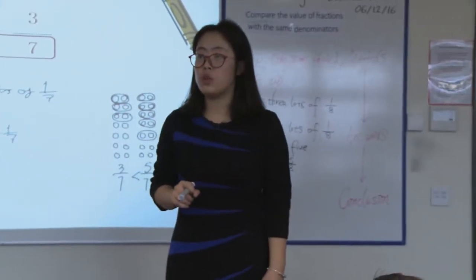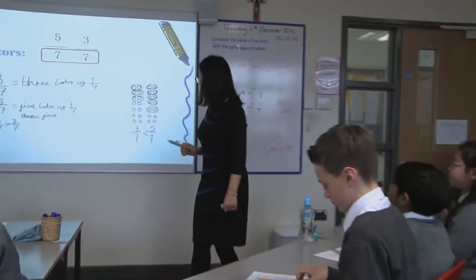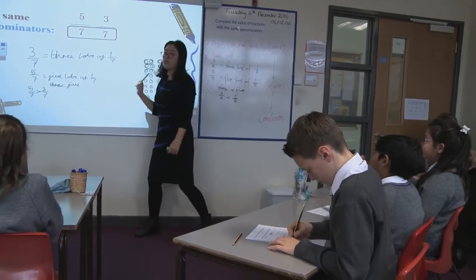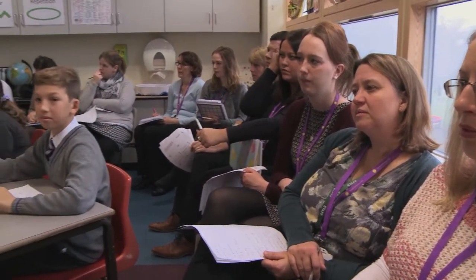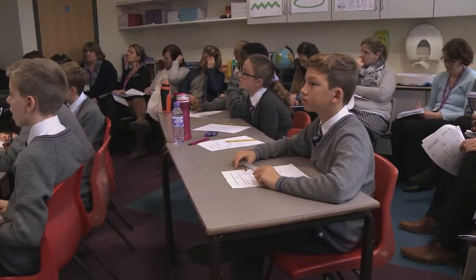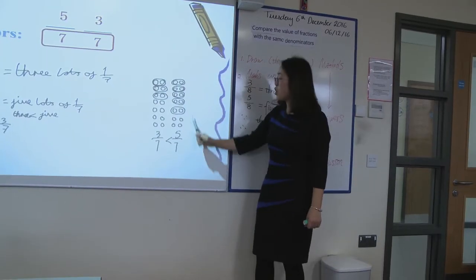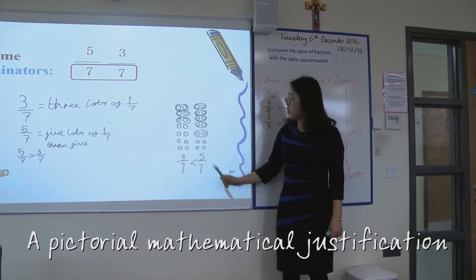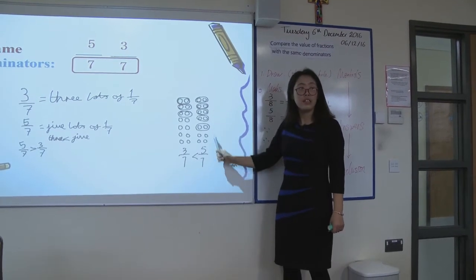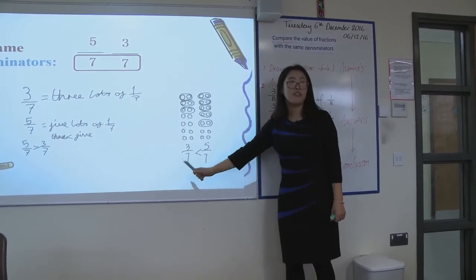Okay, 1, 2, 3. Okay, let's say this is the first method. Draw a picture. So this picture can be written as 3 sevenths. This picture can be written as 5 sevenths. So exactly, this one is bigger than this one.